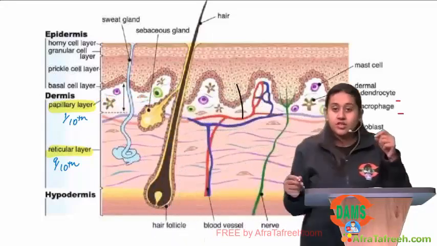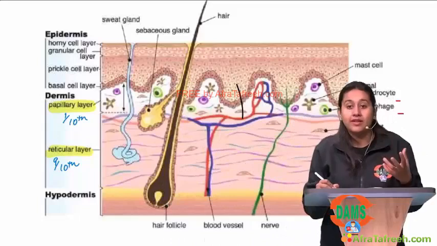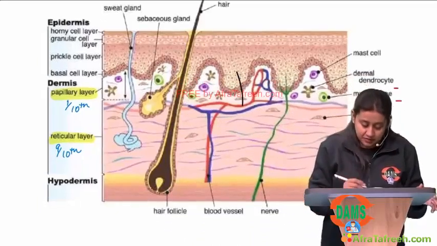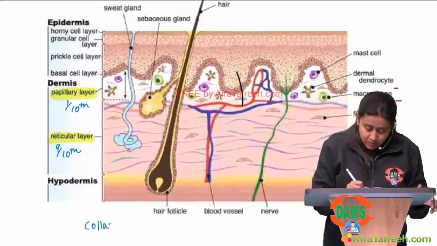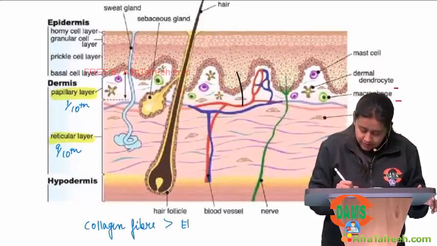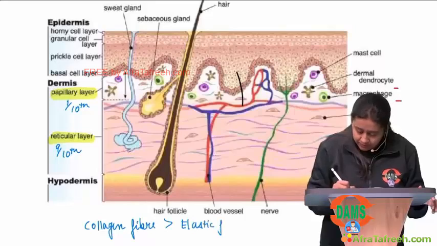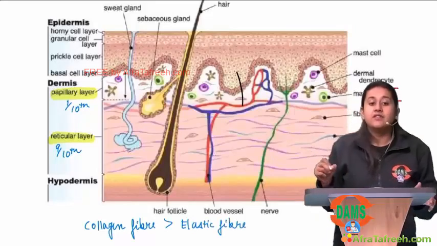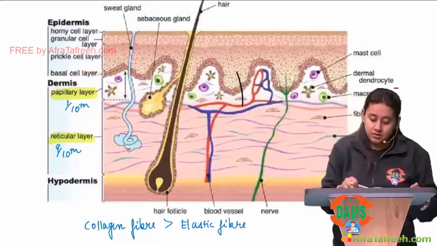Please remember, collagen fibers are present in a greater quantity compared to elastic fibers. So collagen fibers are more compared to elastic fibers. We have different types of collagen fibers.